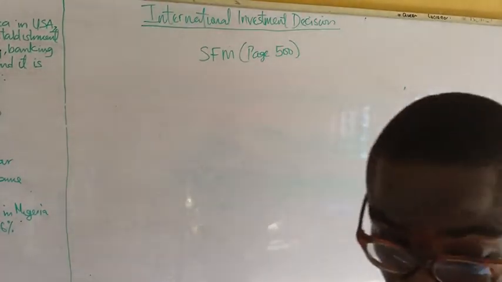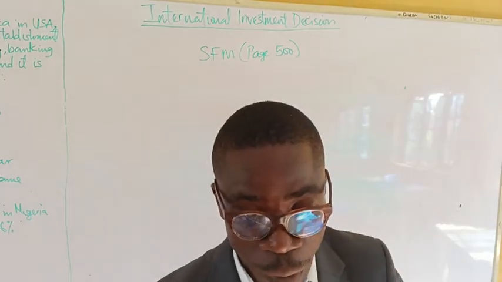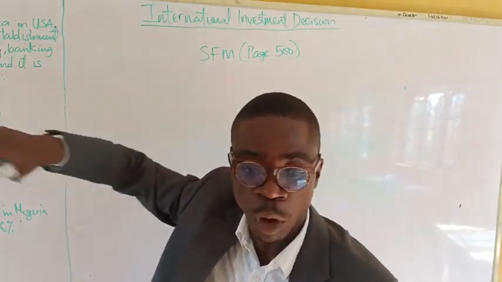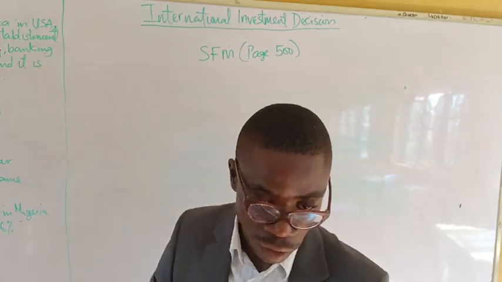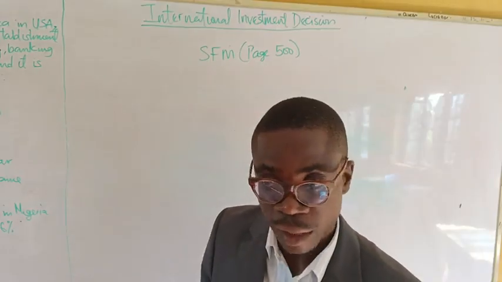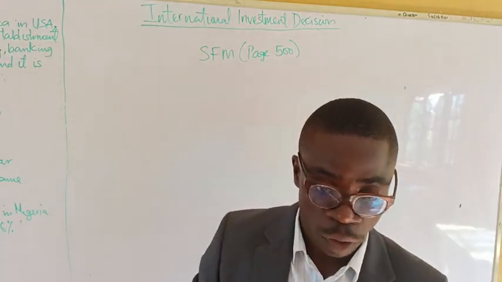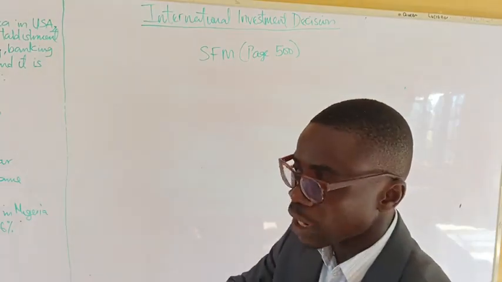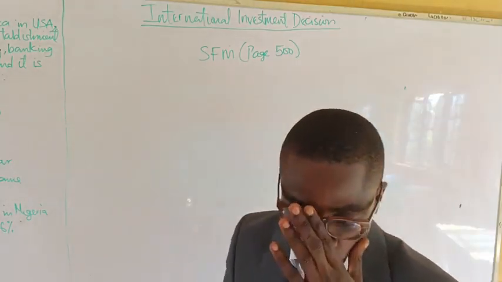They said a Nigerian company is considering an investment in a project in Ghana. Can you see that one? They want to invest in a project in Ghana. It is international investment appraisal. You have to carry out international investment appraisal to appraise that project, whether they should go ahead with the project or not.